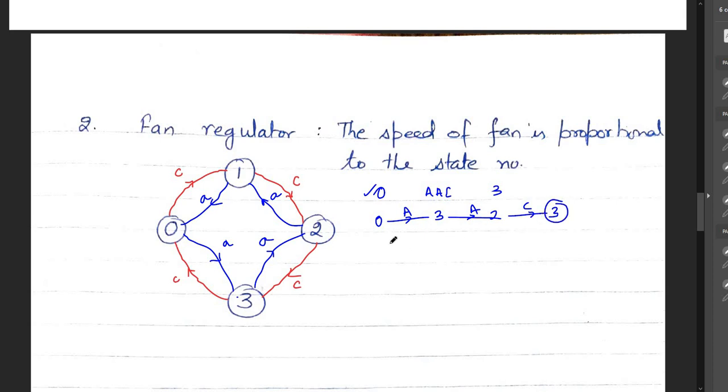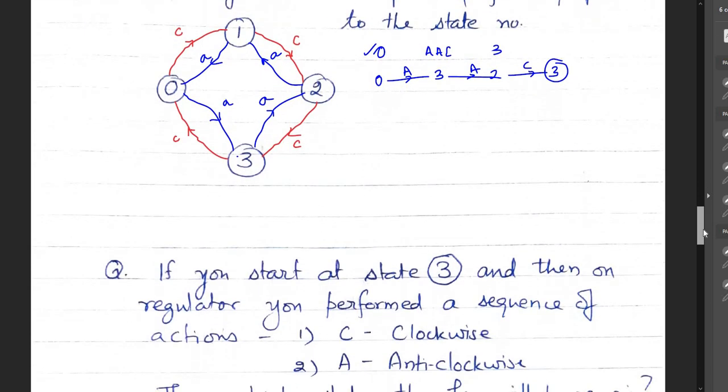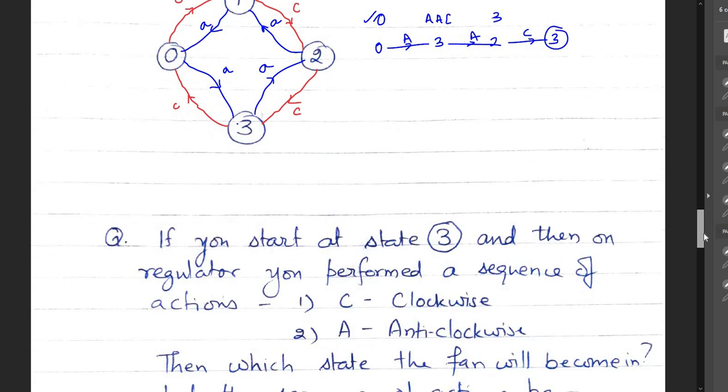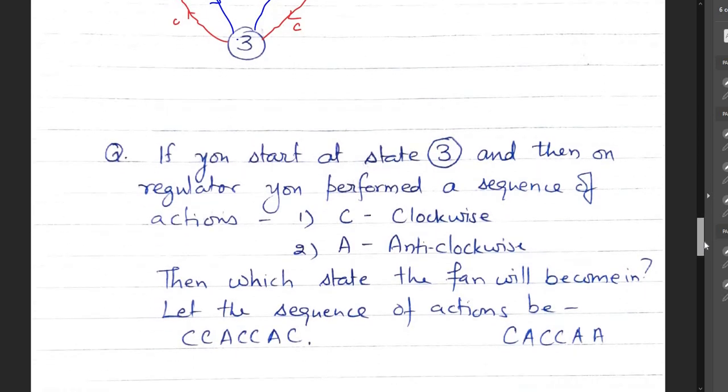And the sequence of states with the help of which we have finally reached state 3 with this particular sequence of actions is 0, 3, 2, 3. So these are the two things that we can ask or talk about when we talk about this particular kind of automata.